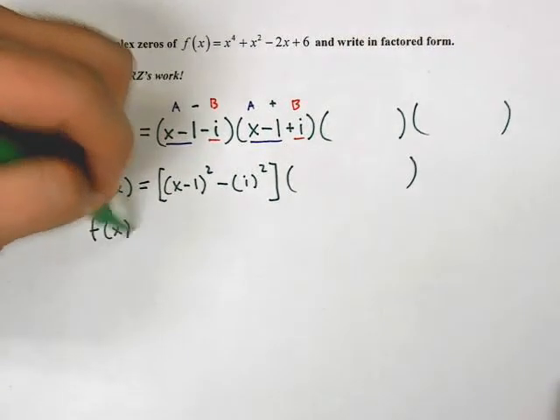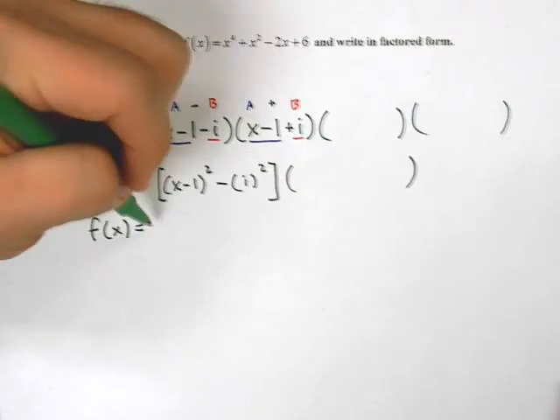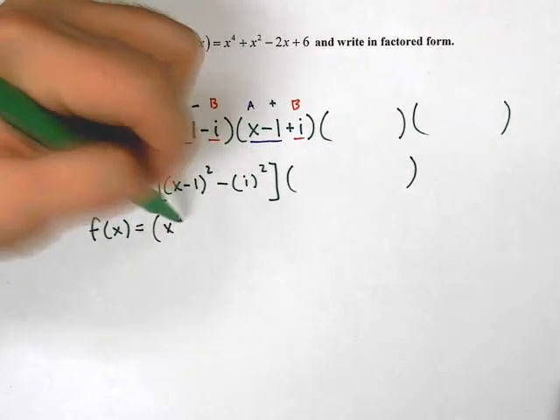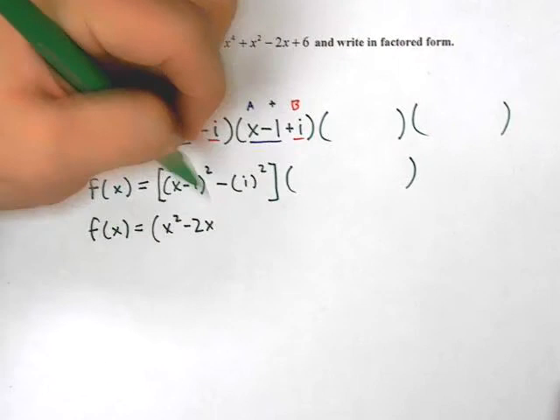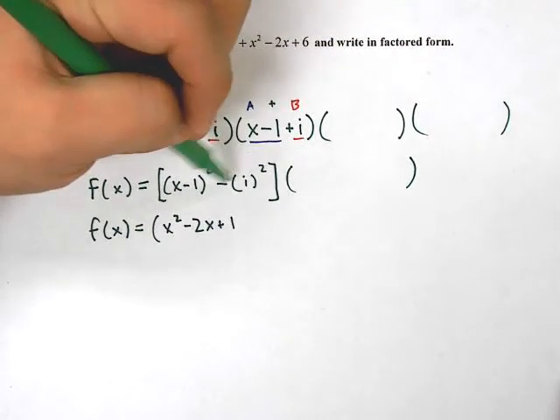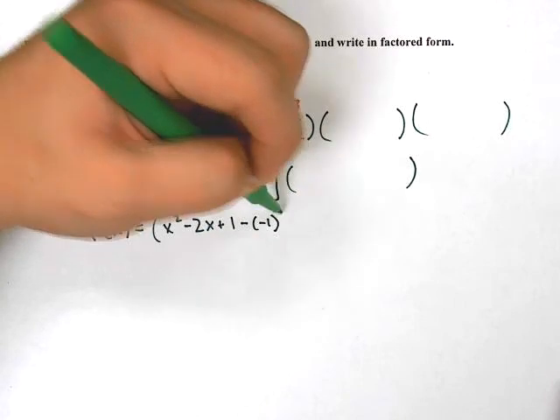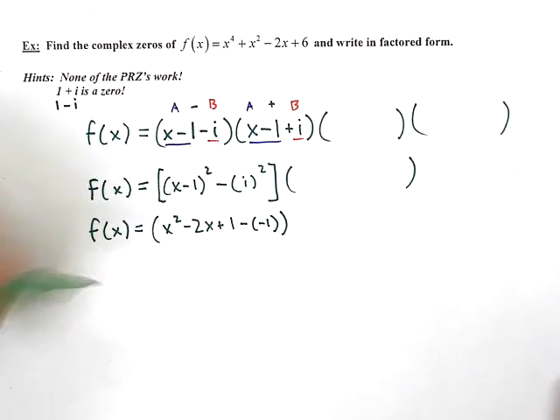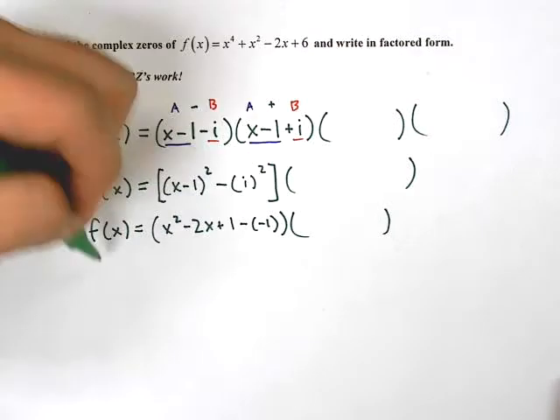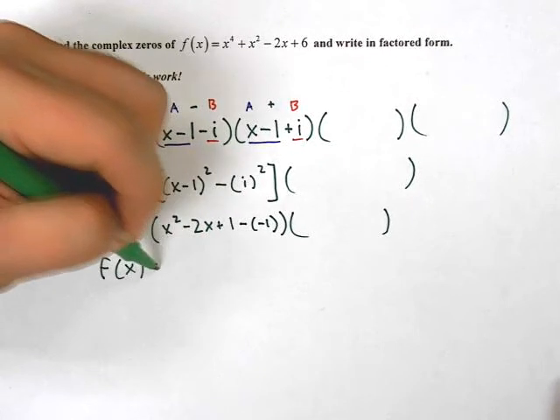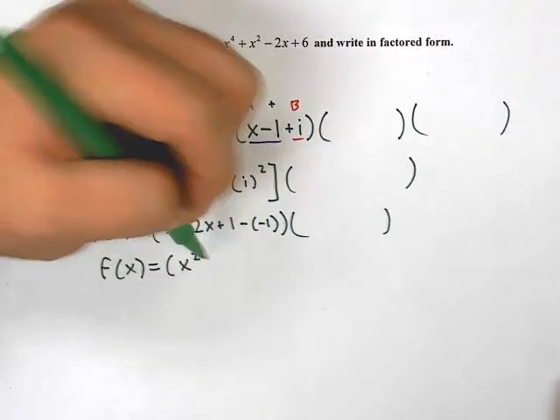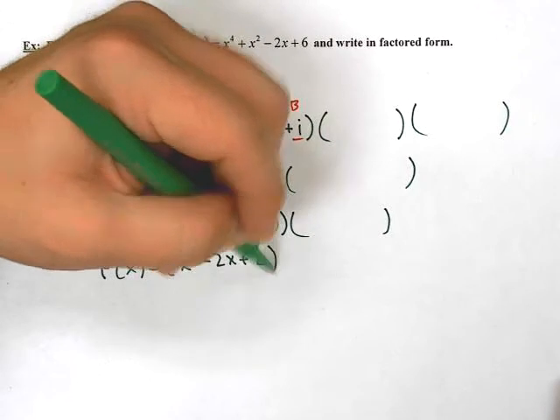What do we have? X squared minus 2x plus 1, and then minus i squared. That means I'm going to be subtracting a negative 1, or f of x equals x squared minus 2x plus 2.